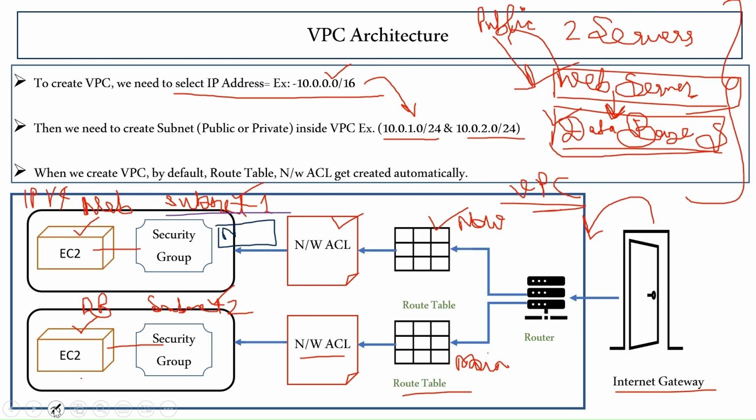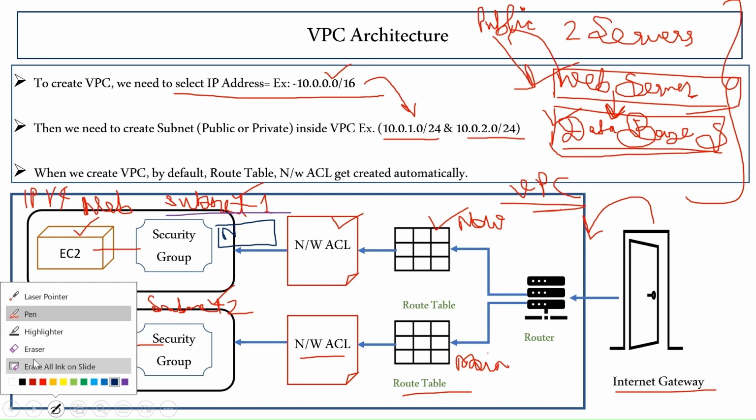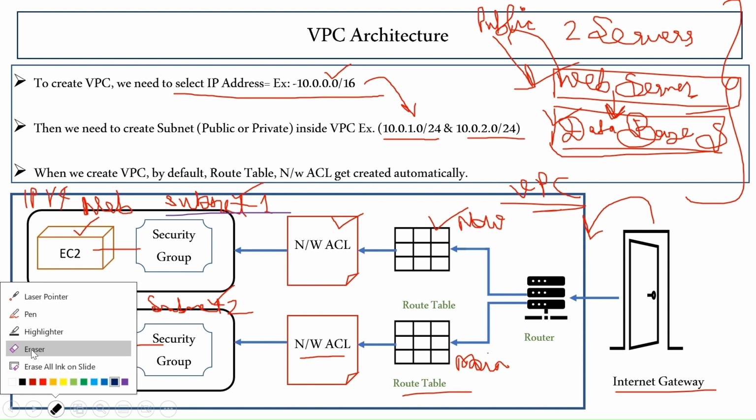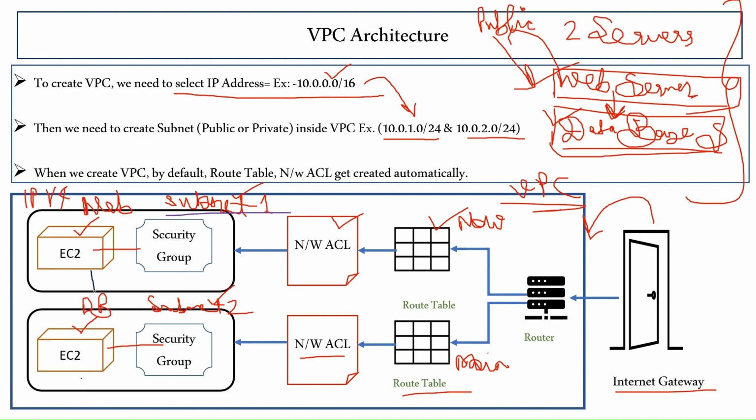Not here, but inside the public subnet. So this is our public web server subnet, and inside this, we can have a NAT gateway. Now this private subnet's route table, we will connect to the NAT gateway, and this NAT gateway will connect to the internet.